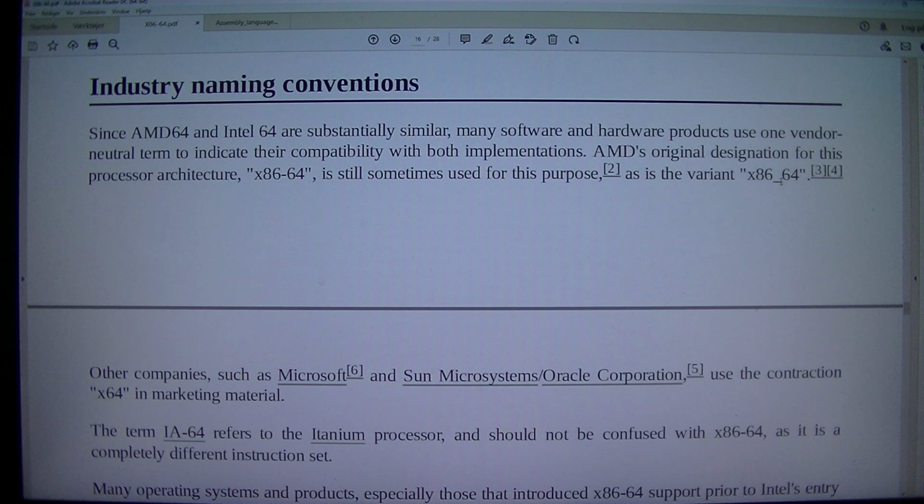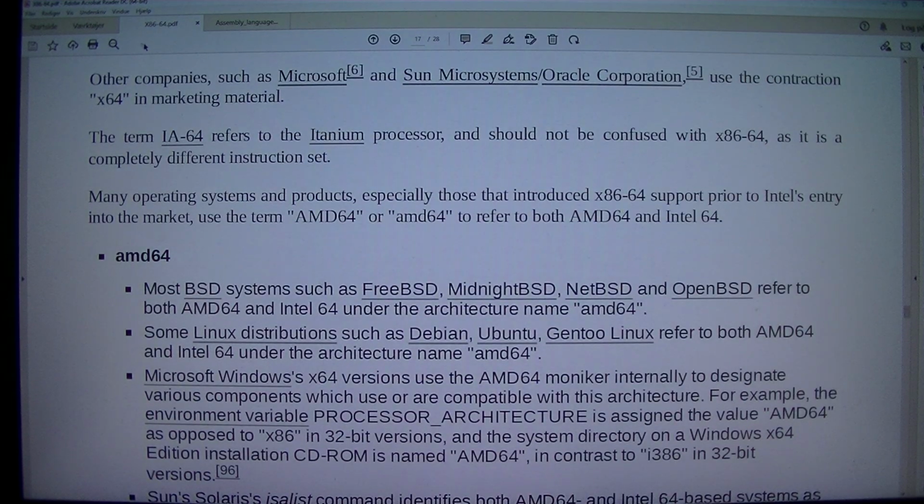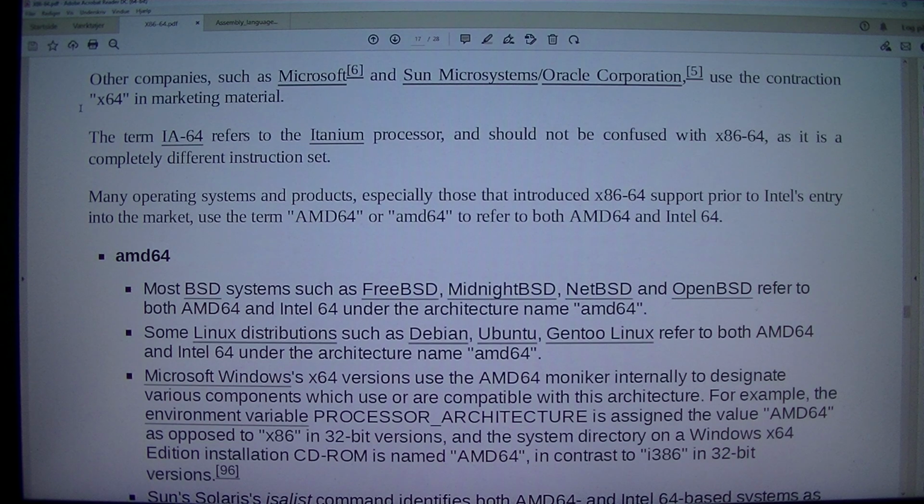AMD's original designation for this processor architecture, x86-64, is still sometimes used for this purpose, too, as is the variant x86-64. Other companies, such as Microsoft and Sun Microsystems/Oracle Corporation, use the contraction x64 in marketing material.